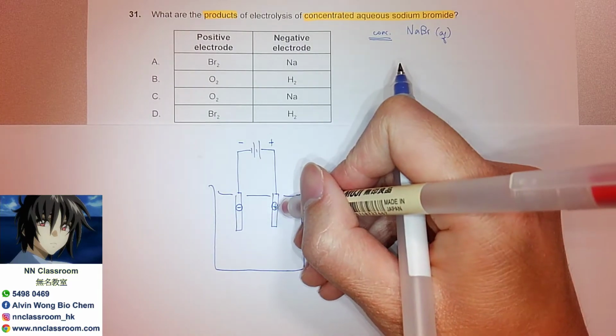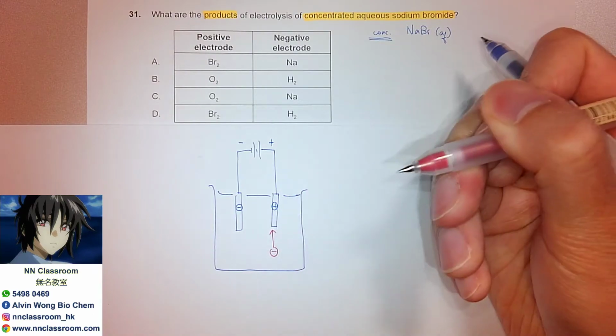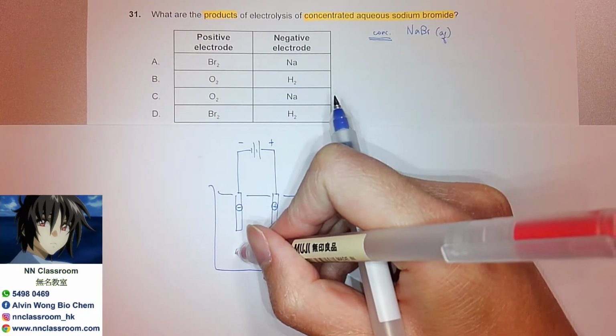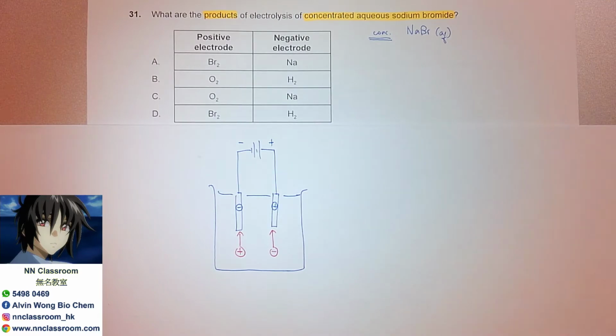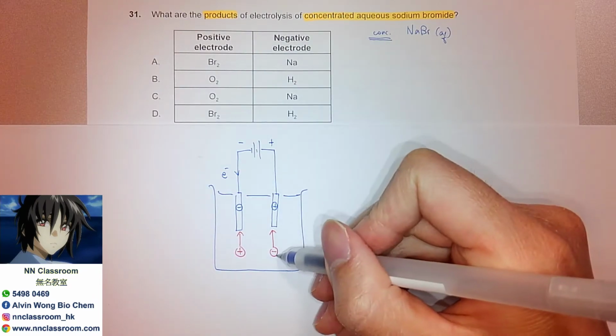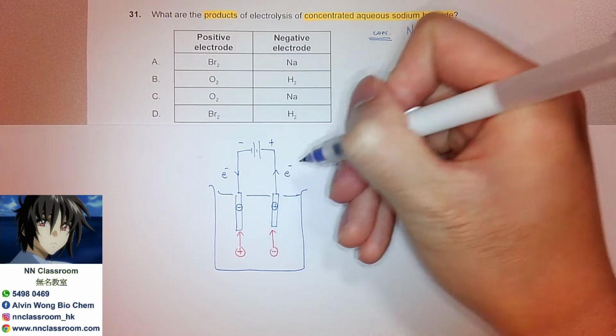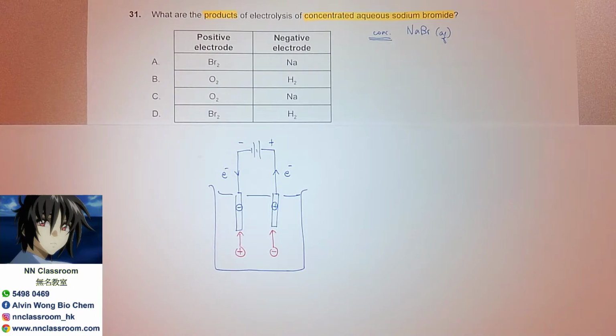So your positive electrode will be attracting negative ions, and your negative electrode will be attracting positive ions, right? One side receives the electrons coming down from the negative side, and one side undergoes oxidation to donate back the electrons. That is the basic working principle behind an electrolytic cell.